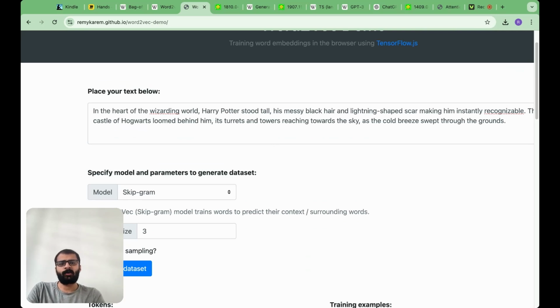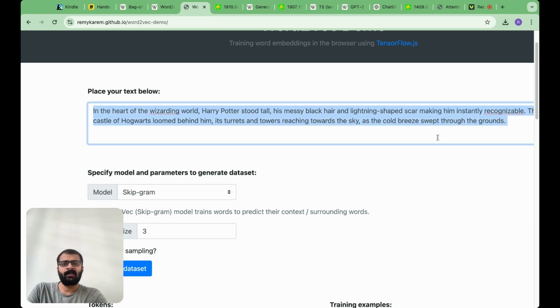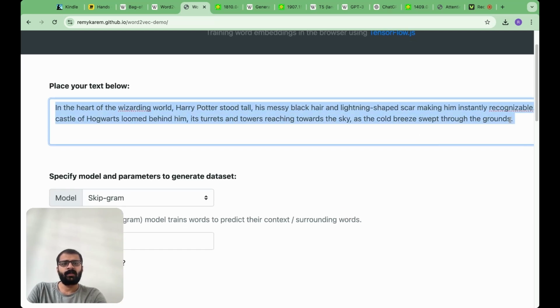Let's say cat and kitten are closer to each other, but if you are looking at this sentence and at the word grounds, which other tokens or words in this sentence are more similar to the word grounds? That is called attention.